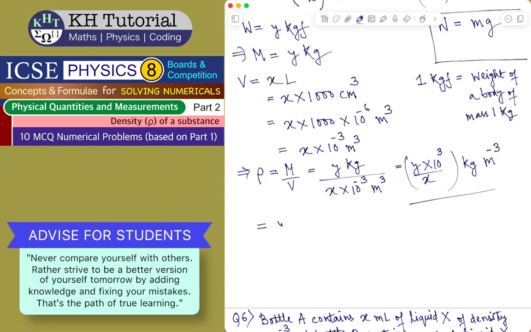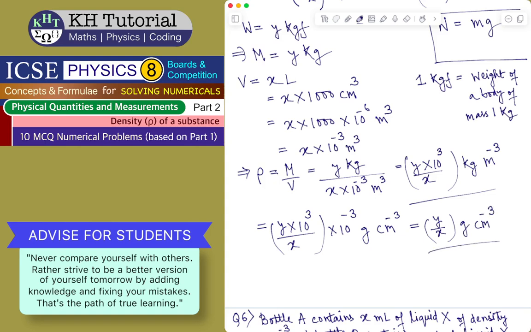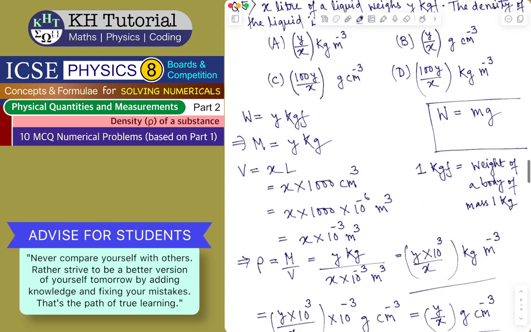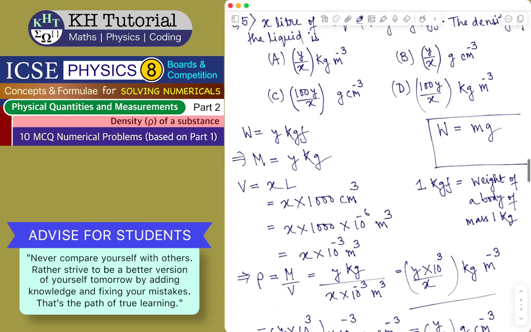So this will be y multiplied by 10 to the power 3, multiplied with 10 to the power minus 3, and the unit will be gram per centimeter cube. After simplification, this becomes y by x gram per centimeter cube. So this is the value of the density in CGS system, and we see it is matching with option B. So choice B is the correct choice.